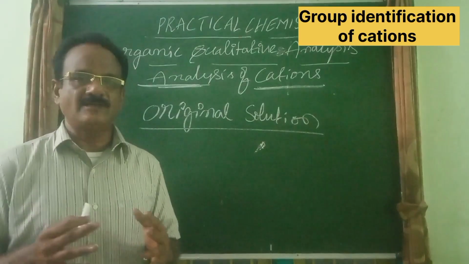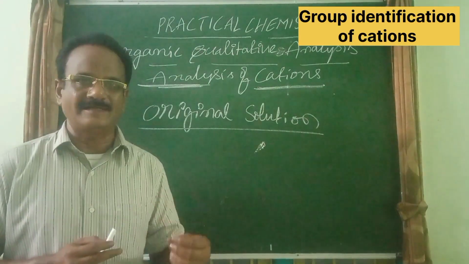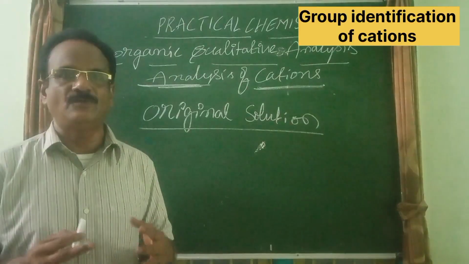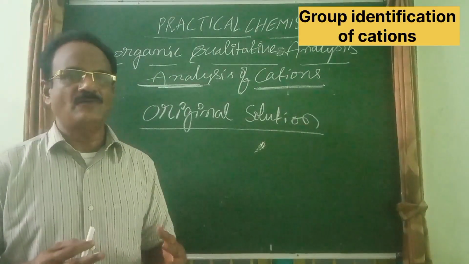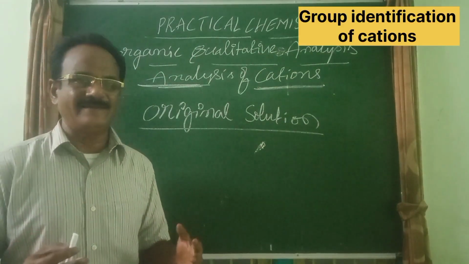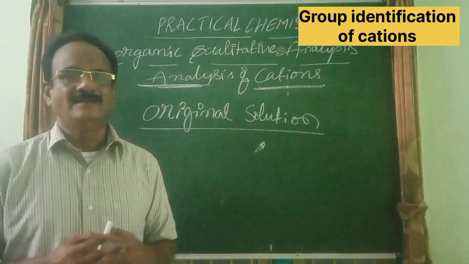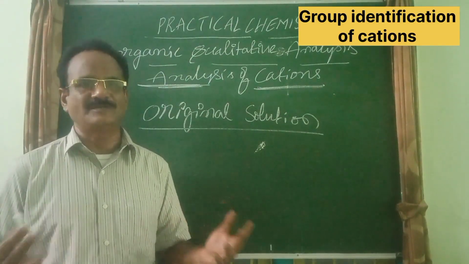Usually in academic laboratories, most of the salts are soluble in water, so the original solution can be made by using water as solvent. Now let us see what is original solution.